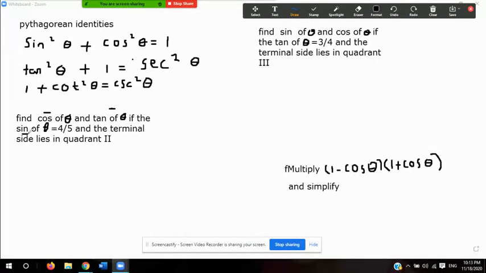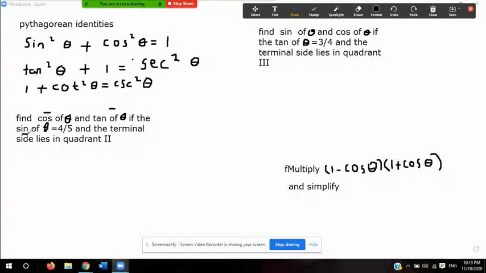So if I look at my trigonometric Pythagorean identities, I need to look for one that includes sine or cosine.